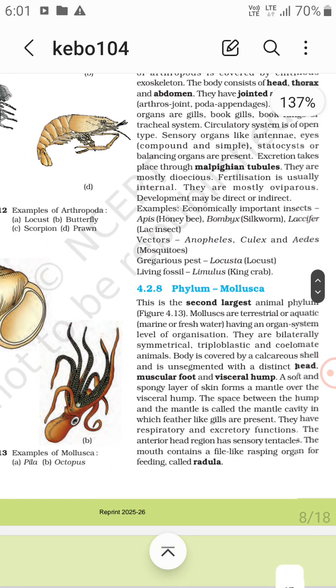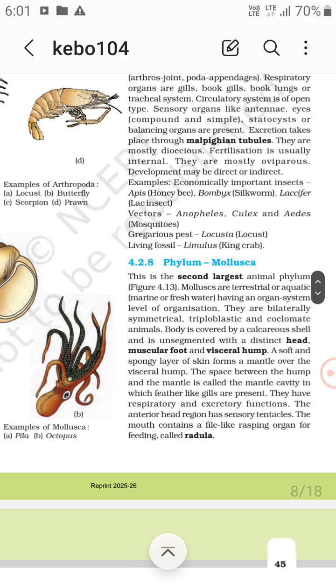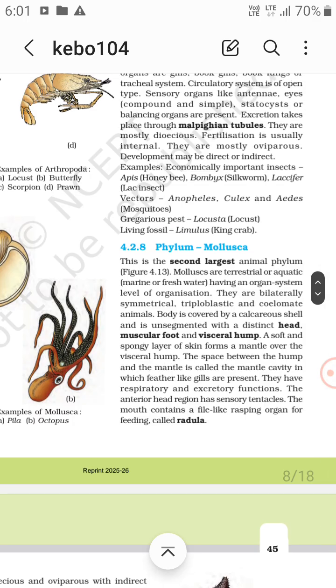Okay, the phylum Mollusca. Phylum Mollusca is the second largest animal phylum. Now mollusks are terrestrial or aquatic, marine or freshwater, having an organ system level of organization. The body is covered by a calcareous shell and is unsegmented with a distinct head, muscular foot and visceral hump. A soft and spongy layer of skin, the mantle, forms over the visceral hump.